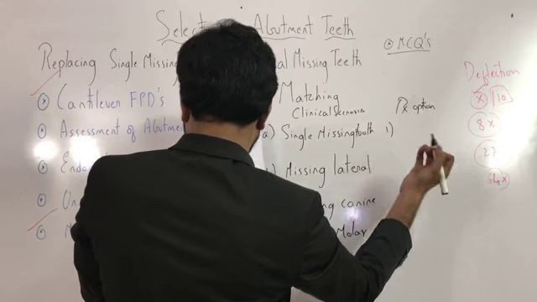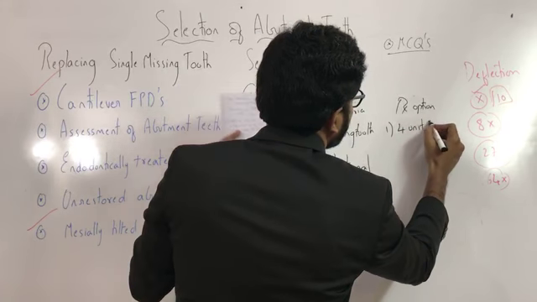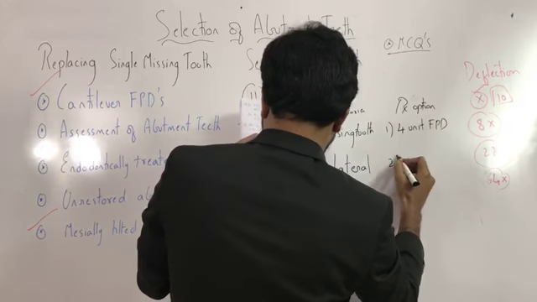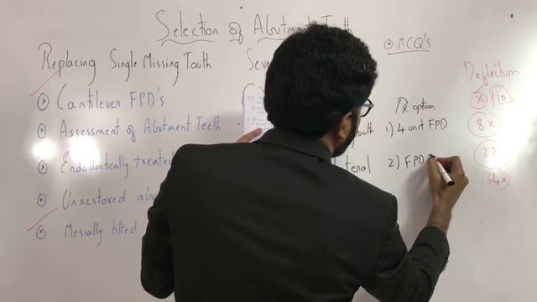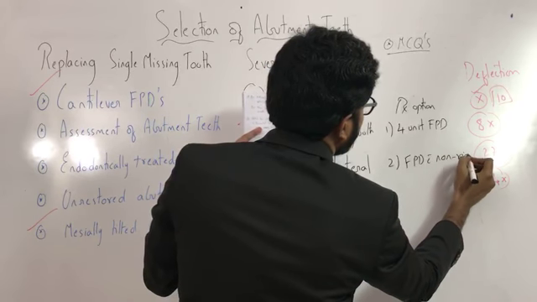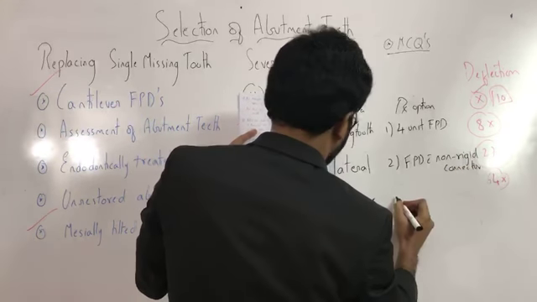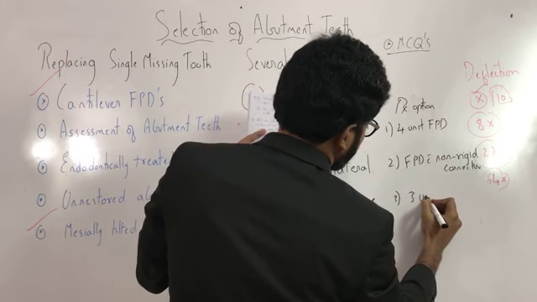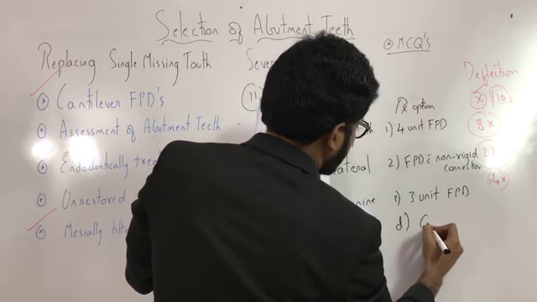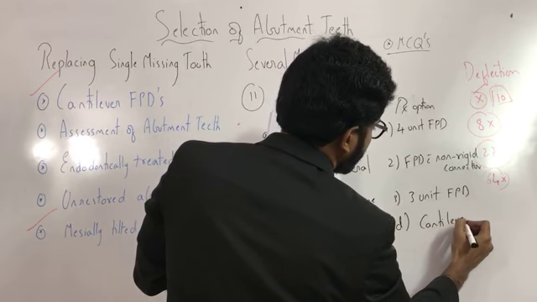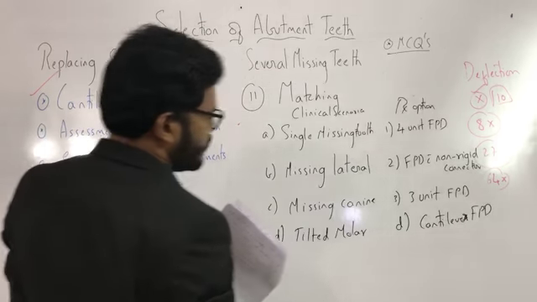And here you have 4-unit FPD, with non-rigid connector, 3-unit FPD, cantilever FPD, right?